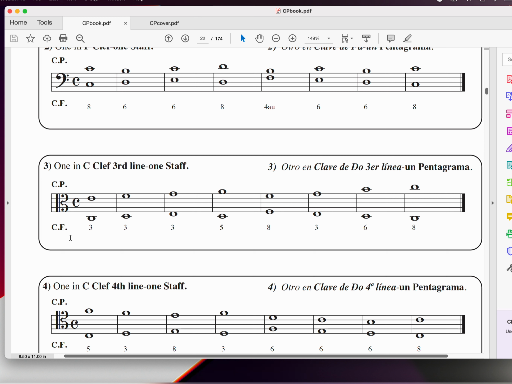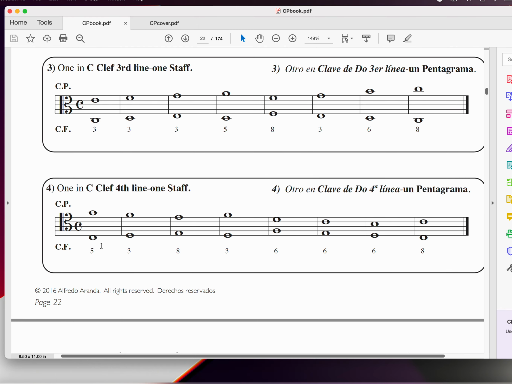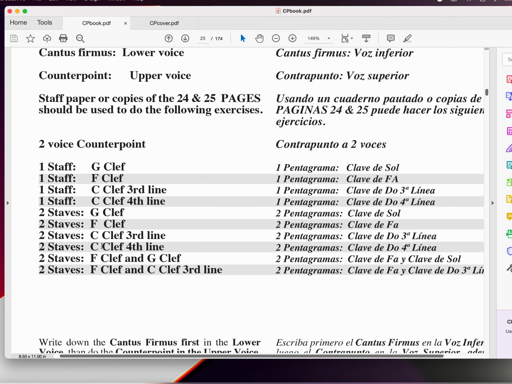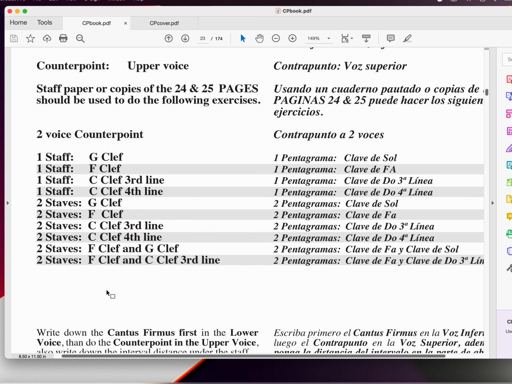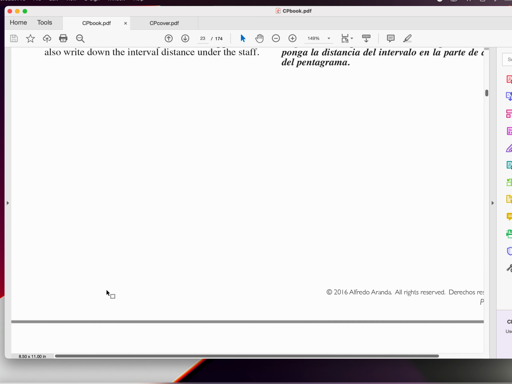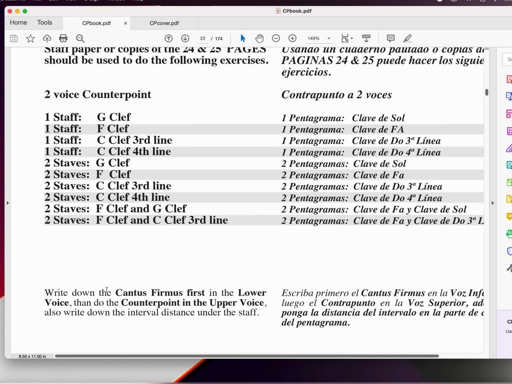You may also do them with the C clef in third or fourth line. And then these are a sample of the exercises that I would like you to do. And just do it. And I hope you like them and learn.